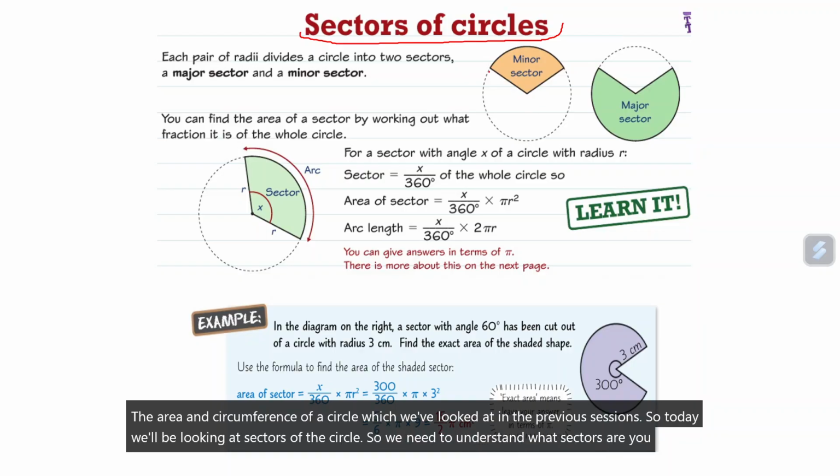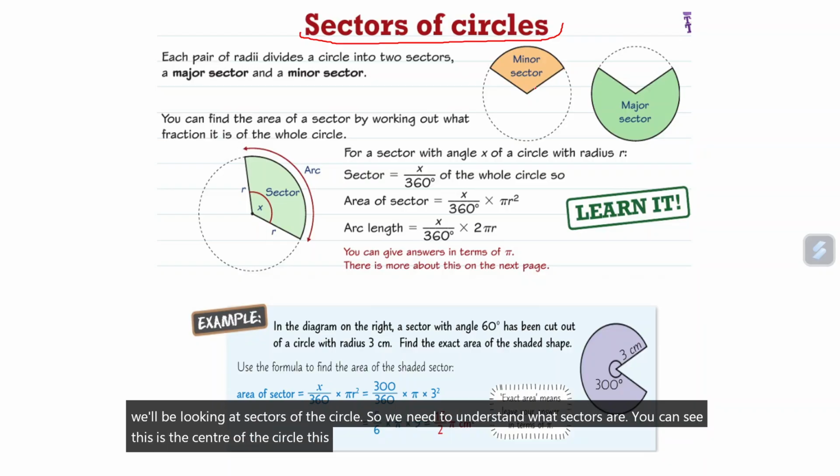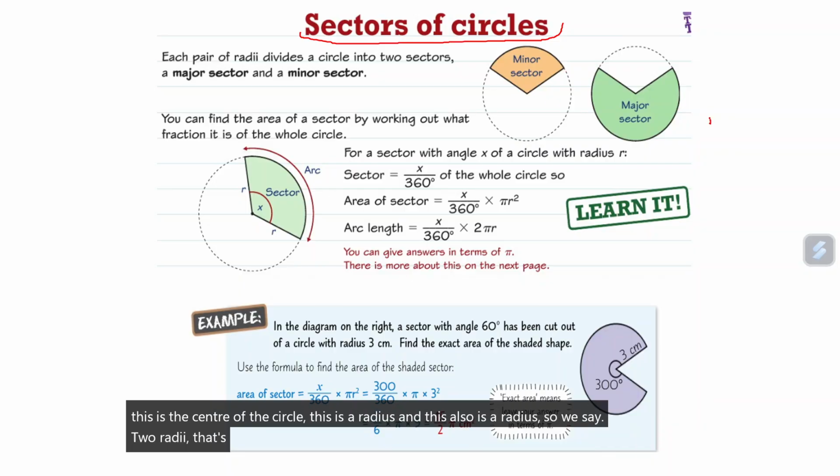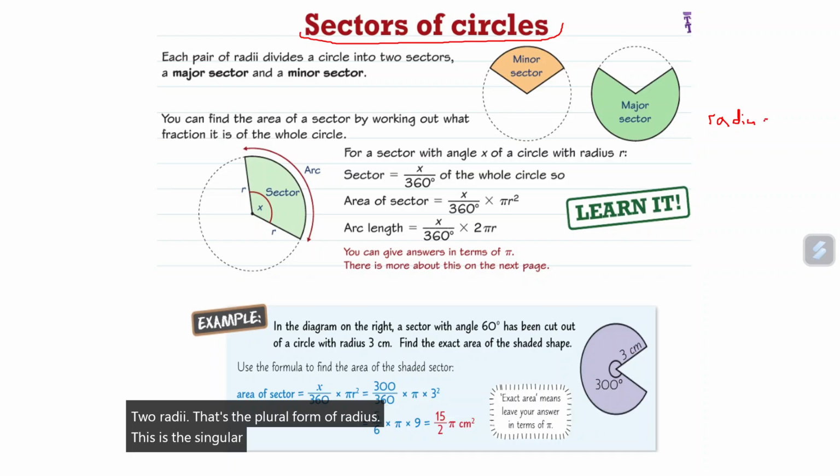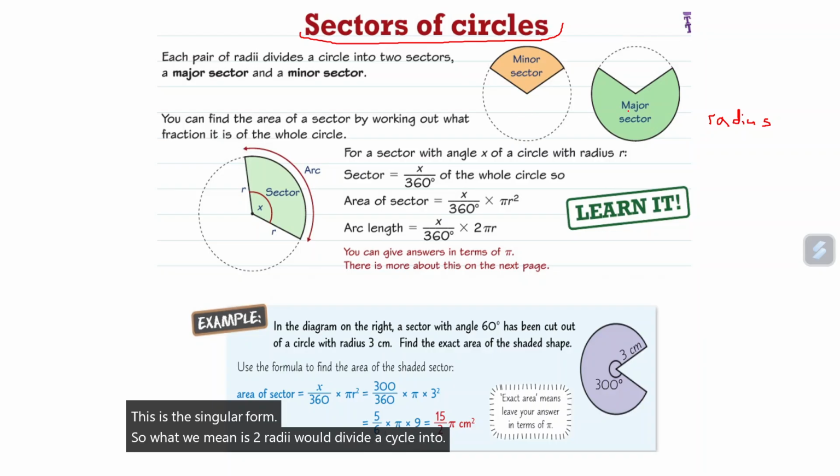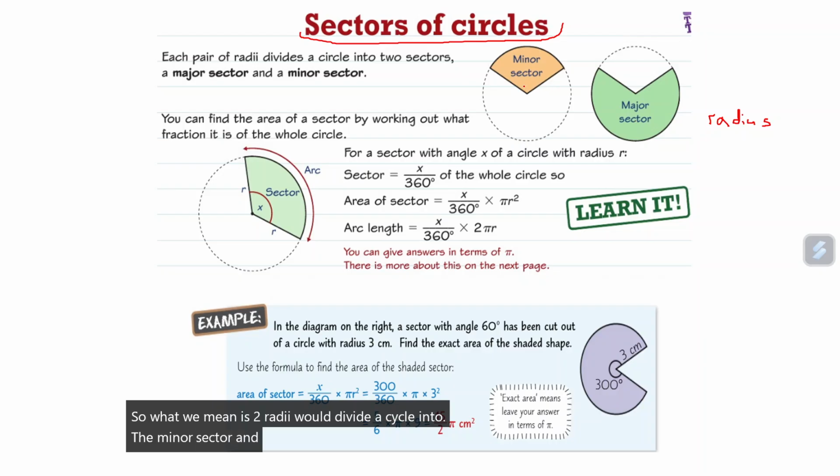You can see this is the center of the circle. This is a radius, and this also is a radius. So we say two radii, that's the plural form of radius. This is the singular form. So what we mean is two radii would divide a circle into the minor sector and the major sector.